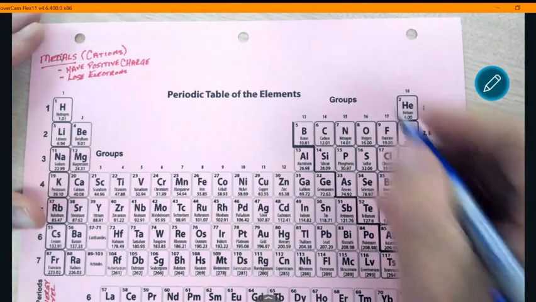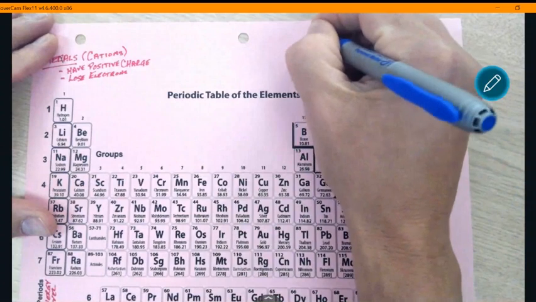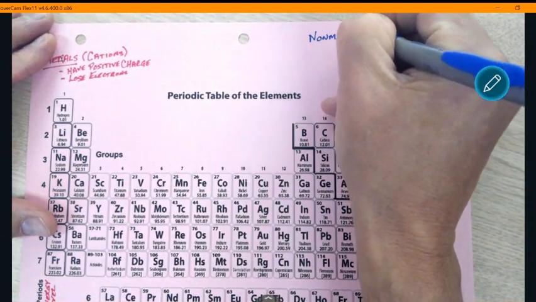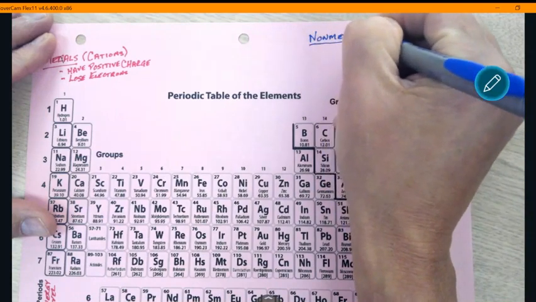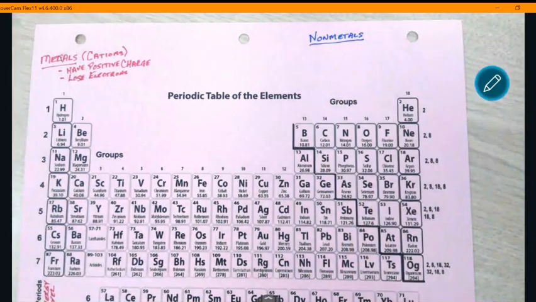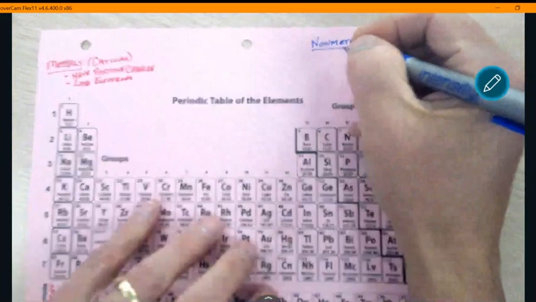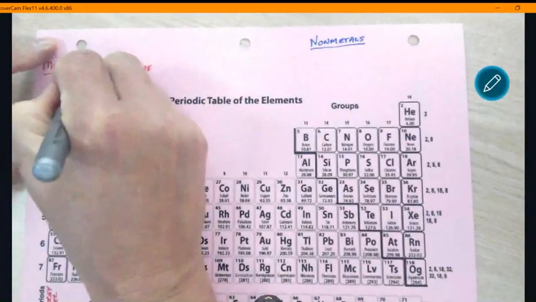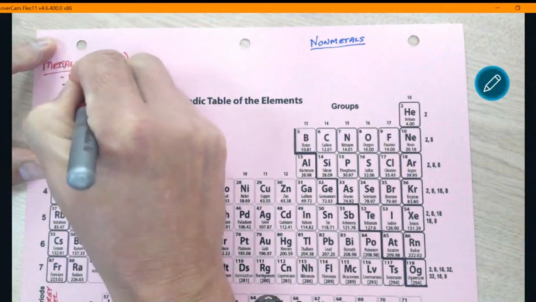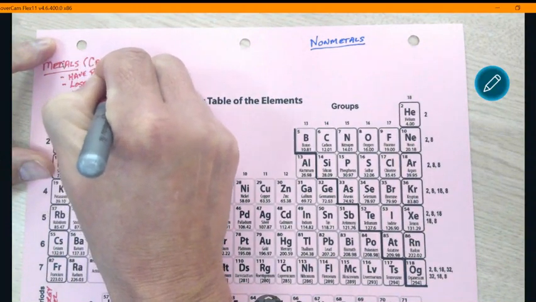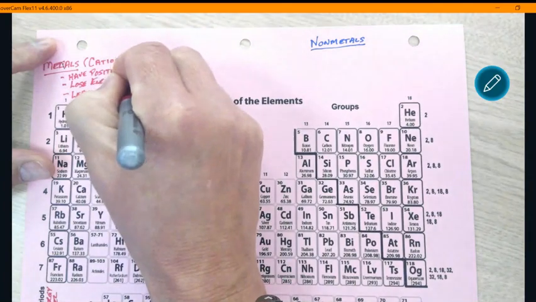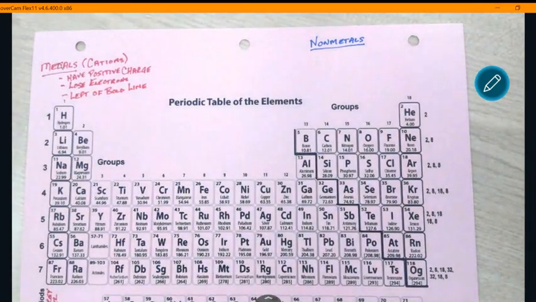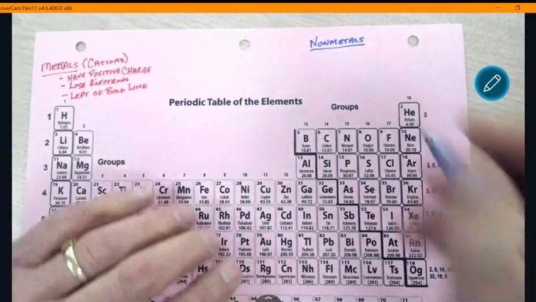So then, over on the other side, we are going to put nonmetals. Now, if you need to, you should write yourself some note that maybe says, I probably should have added this here. Left of bold line, meaning metals are on the left-hand side of this bold line.